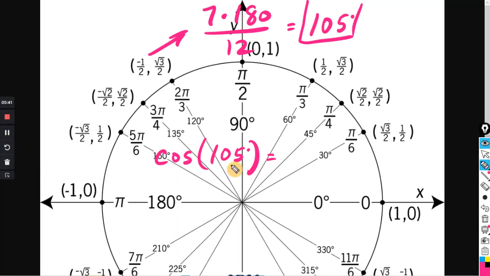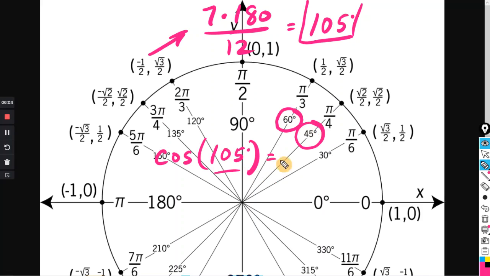And we are in luck as far as 105 is concerned. We can use 60 plus 45. The reason we're doing this is because we don't have an exact value for 105 on the unit circle, but we can use one of the identity formulas for addition to add these two and get the 105.